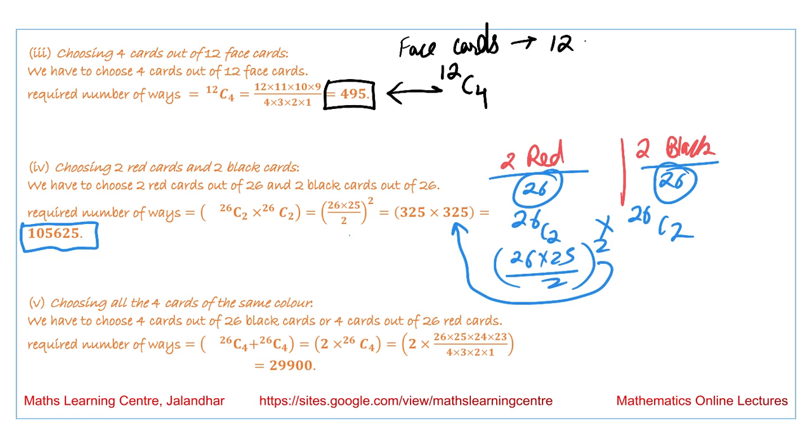Now the last part we have is that the cards are of the same color. When we say the cards are of the same color, it means either all 4 cards are red, or all 4 cards are black.